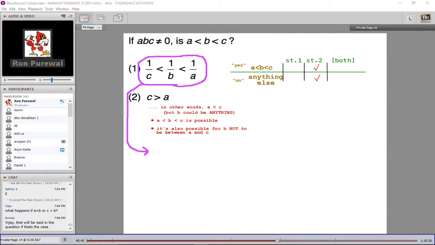There's some chatting going on in the chat box, but the chatting in the box is not really accurate, because they don't have to tell you something for you to try it. What Vijay is talking about could be a case that you would test if it were necessary to test the case.